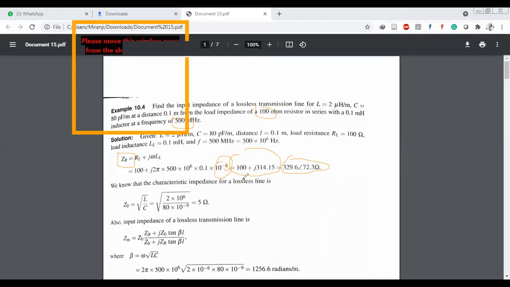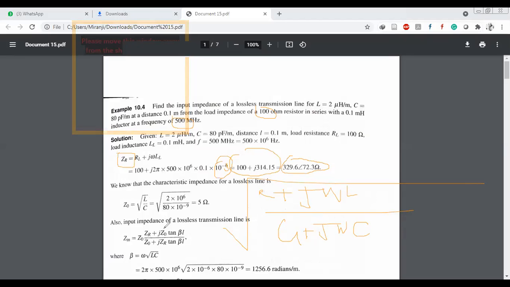We know that the characteristic impedance of the line is Z0 equal to square root of, actually that expression is R plus j omega L divided by G plus j omega C. But R and G components are not available here because this is lossless, right?